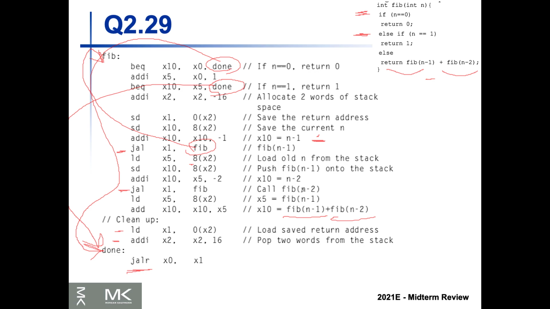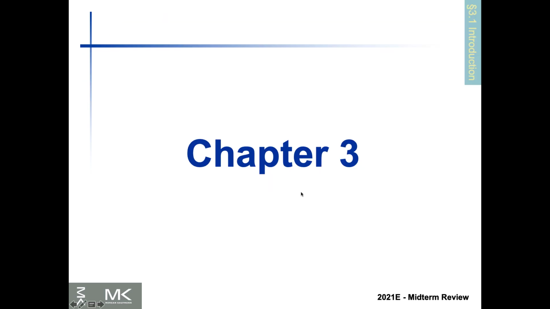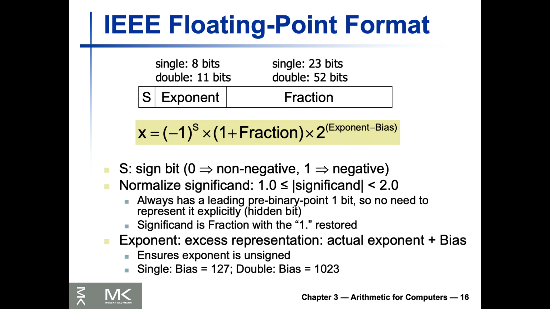All right. So let's cover a question from chapter 3. We were talking about the floating point format in IEEE, and it supports multiple versions from half precision, single, double, and so on. So we were talking about the single and double.